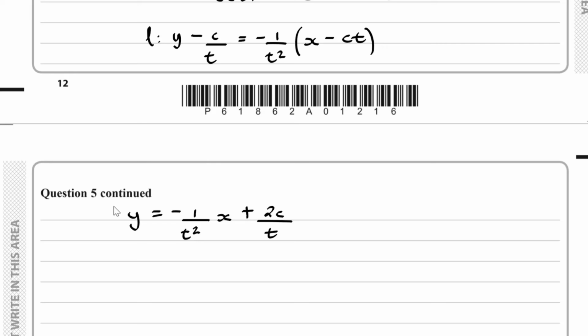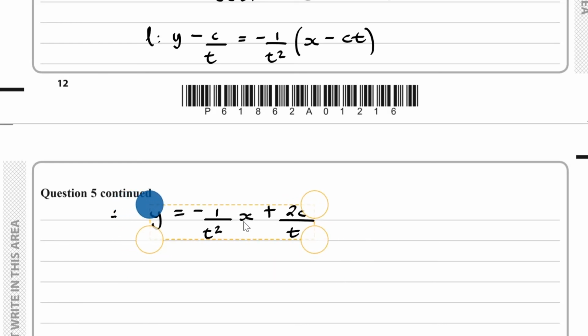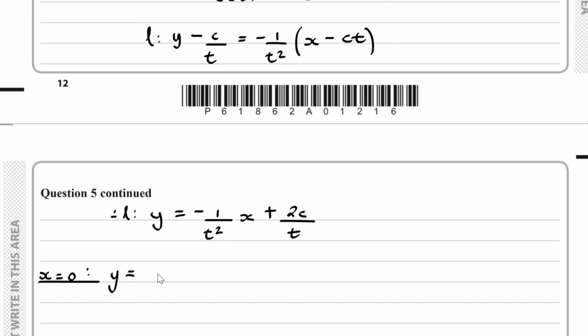Now that L is given by this, we can find out the coordinates of A and B. When x is equal to 0, we can find out what y is. y will equal 2c over t, and therefore the coordinates of B would be 0 and 2c over t.